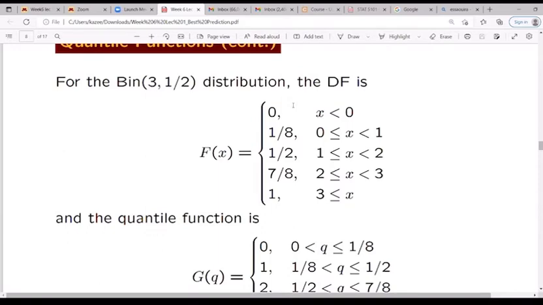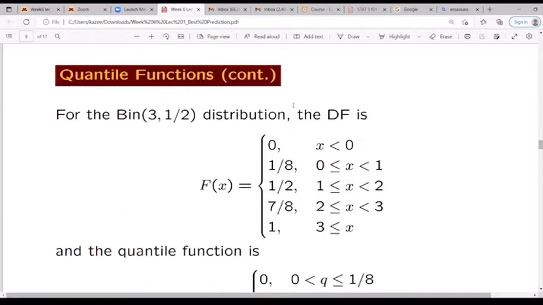I first set up the sample space, then from the sample space I set up the PMF, the probability mass function, and I was only accumulating to get the CDF right here.